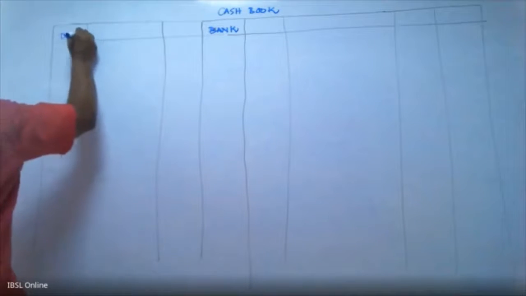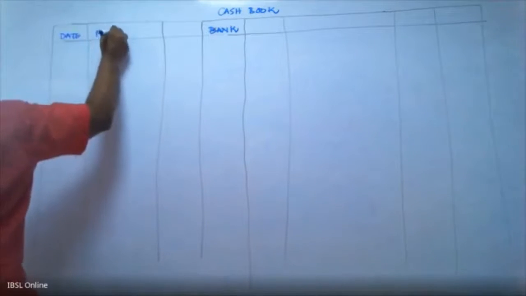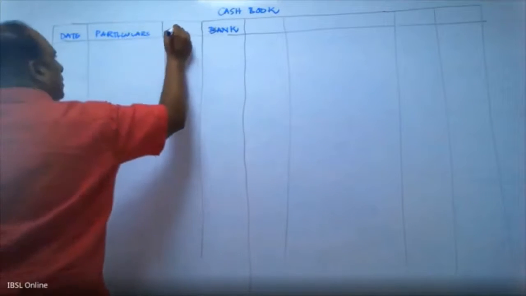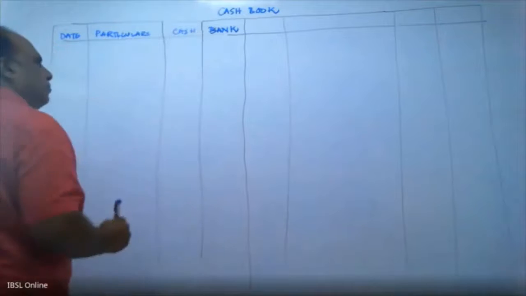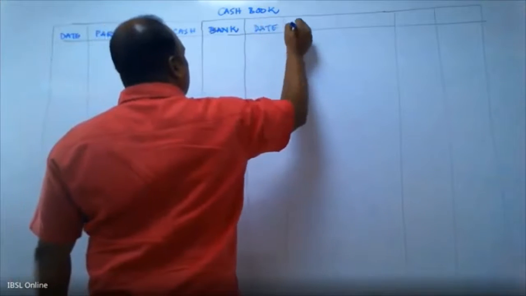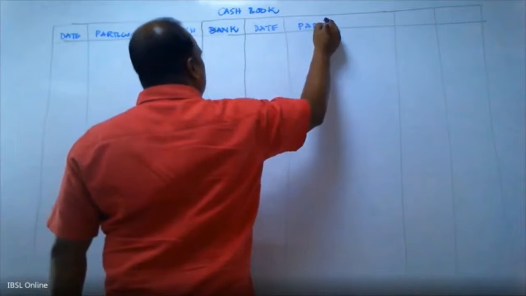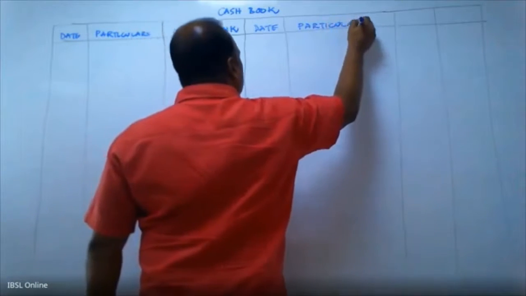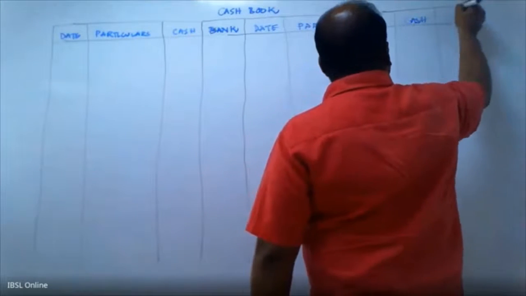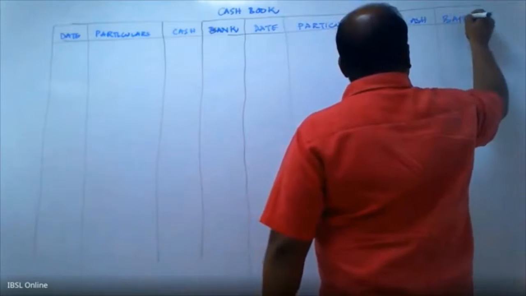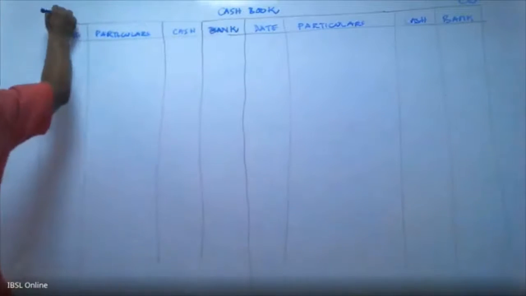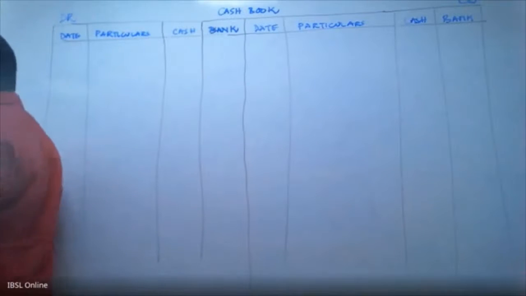Date, particulars, cash, date, particulars, cash, and bank. This is your credit. This is your debit.